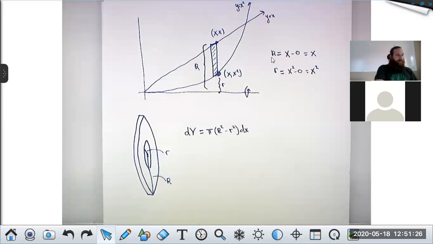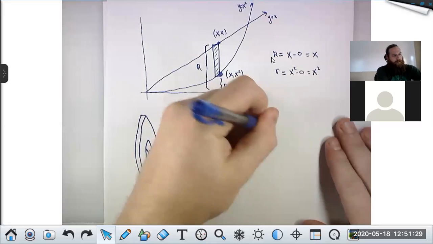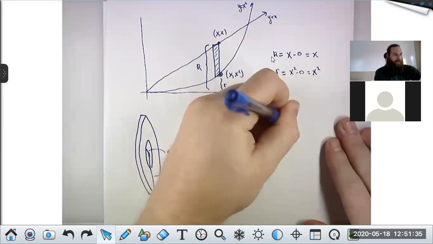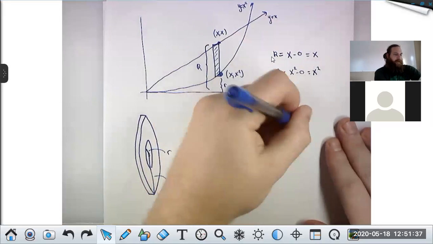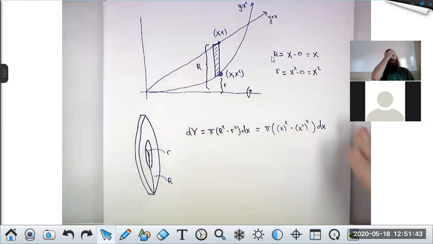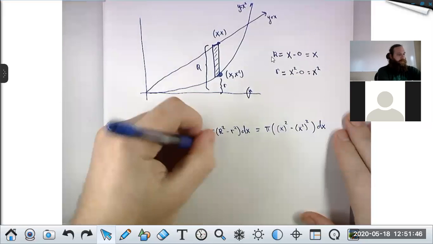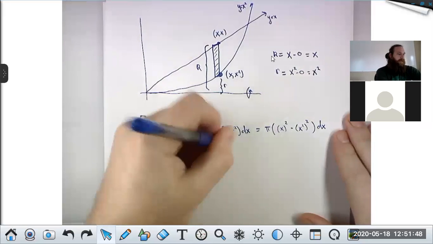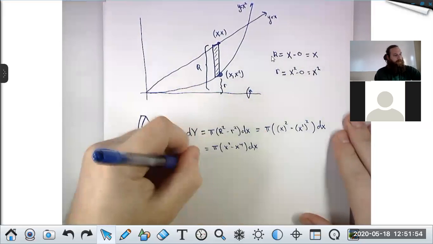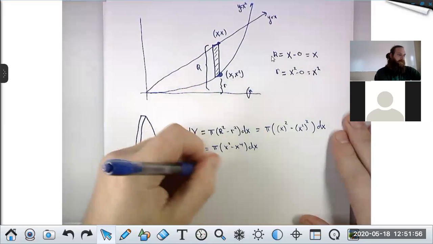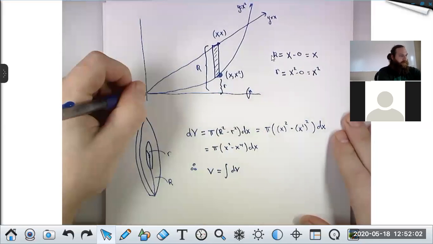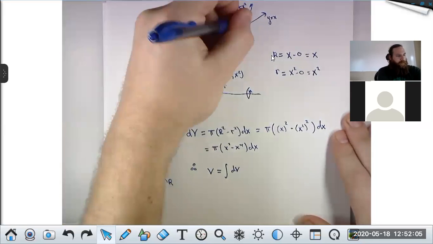So then my dV is really equal to pi times cap R squared, which is x squared, minus little r squared, which is x squared squared. So that's what we're going to integrate. We can simplify it first. This is pi times x squared minus x to the 4 dx. Therefore, my volume, which is always the integral of dV taken from somewhere to somewhere else, I'm going to integrate from 0 to whatever the x value is here.